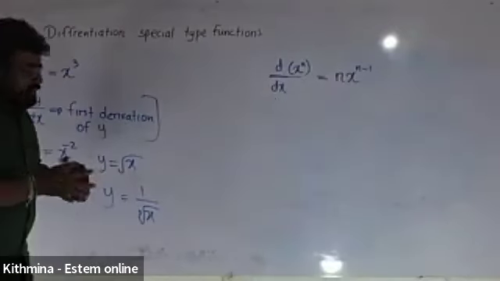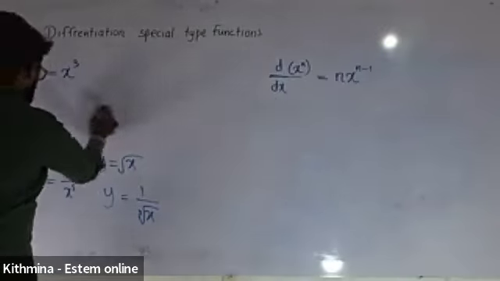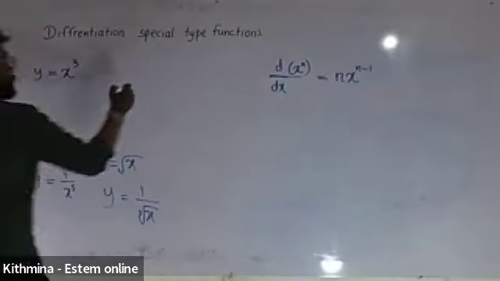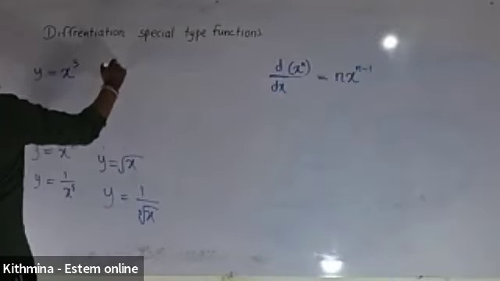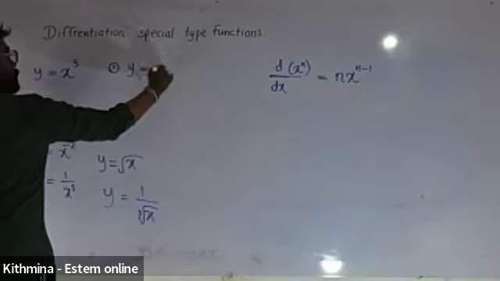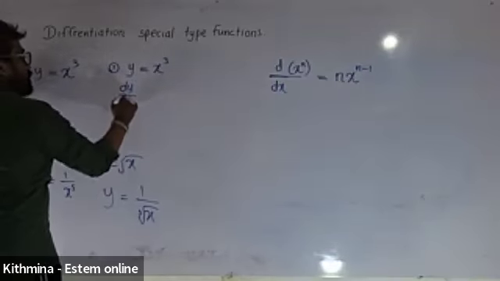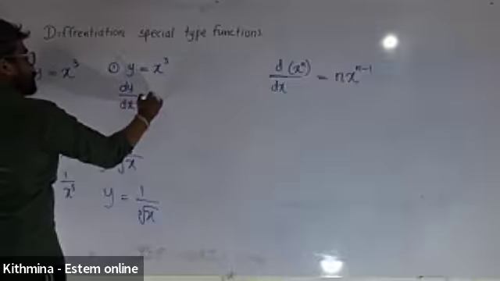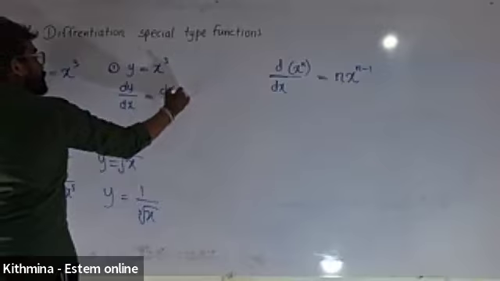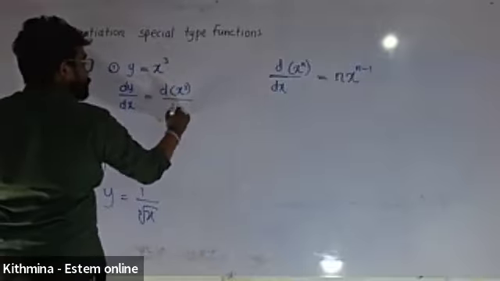Okay, this first question: y equals x cube. Then dy over dx is d of x cube over dx.